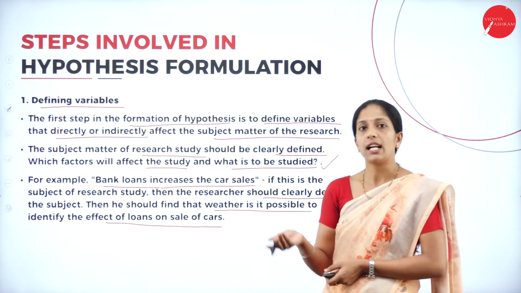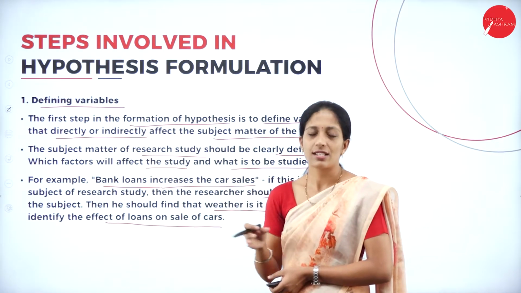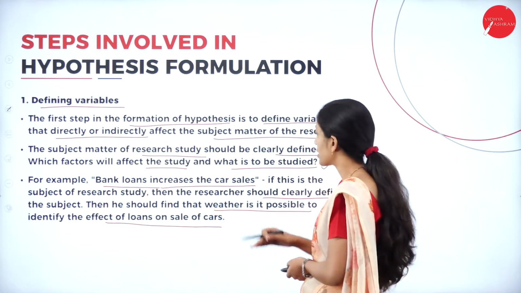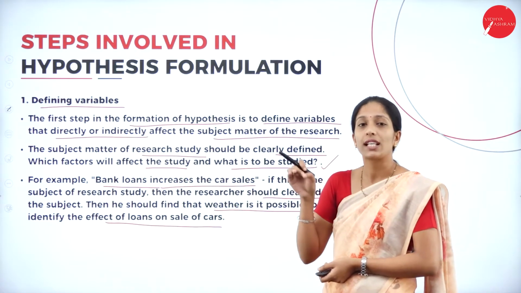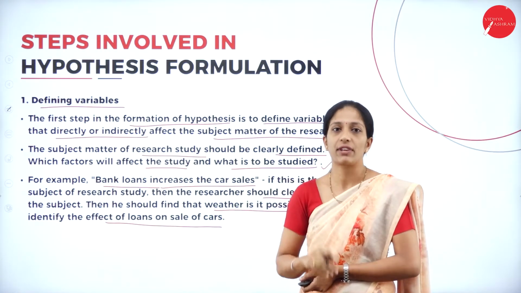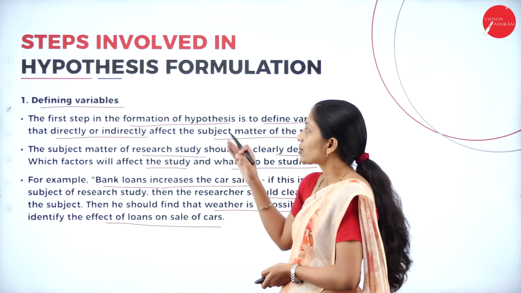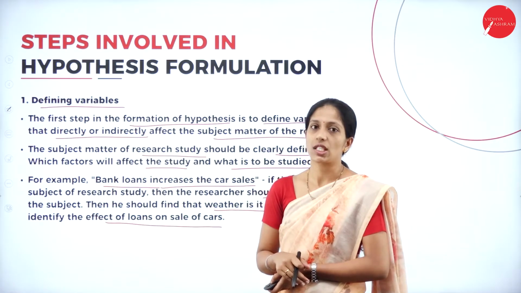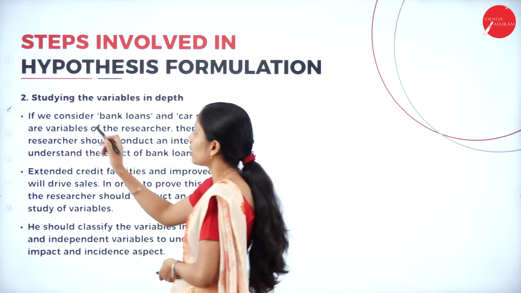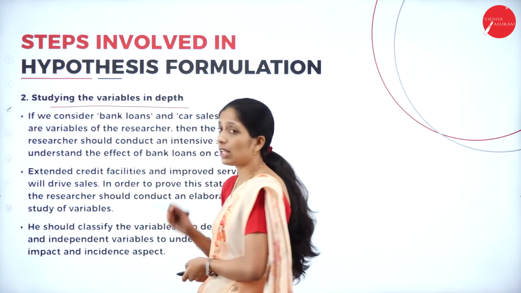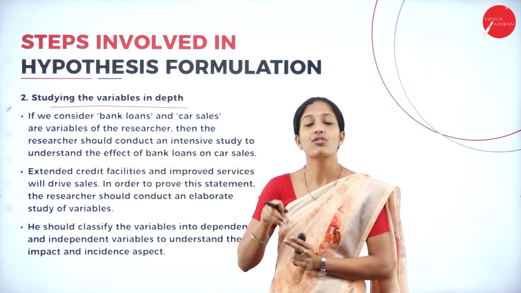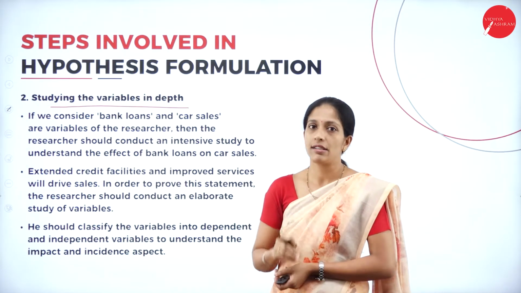He is saying that an increase in providing bank loans will increase the car sales. So, this is your topic. Here he has to define and study the variables properly. This is your first step involved in the formulation of a hypothesis. Coming to the second one, studying the variable in depth. You have defined the variable, now you have to study those variables in detail.